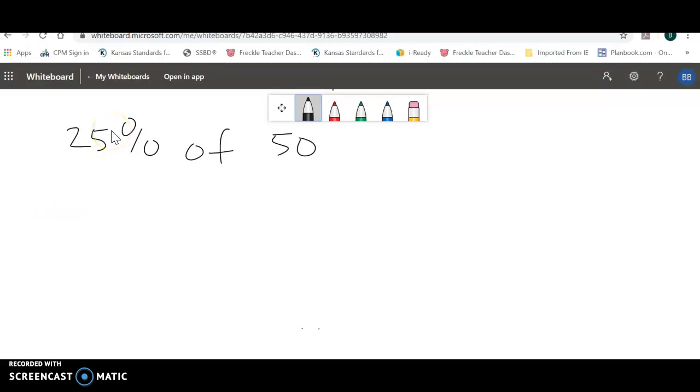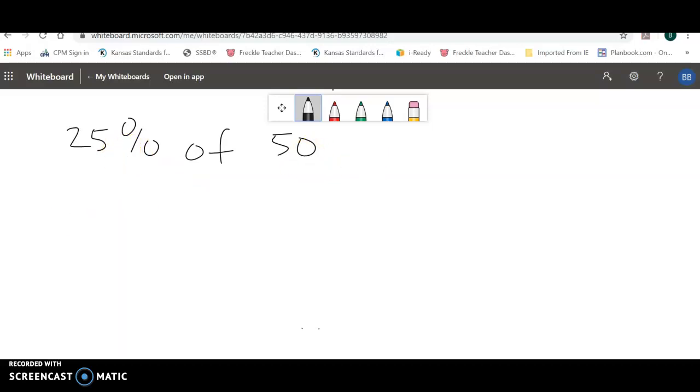So how much money are you saving if it's 25% off? Well, you're not always going to know the answer right off the bat. Let's use the method of finding out what percent of this number is, what 25% of this number is.